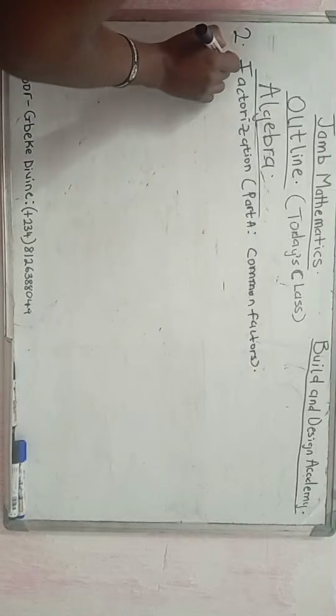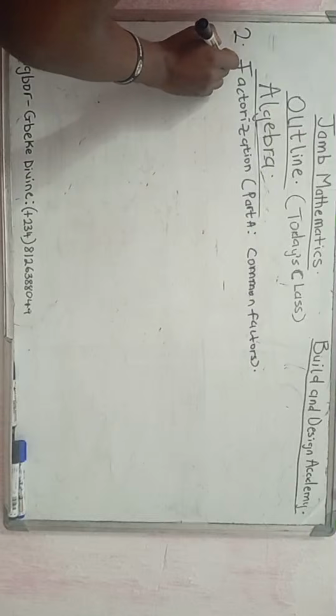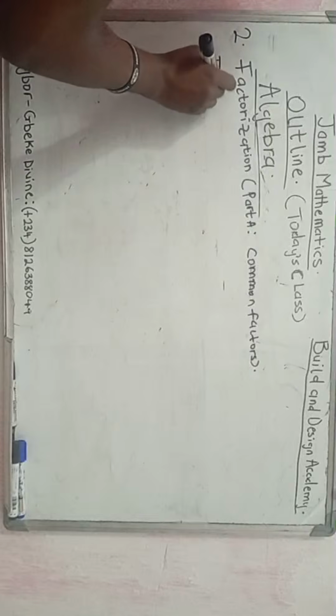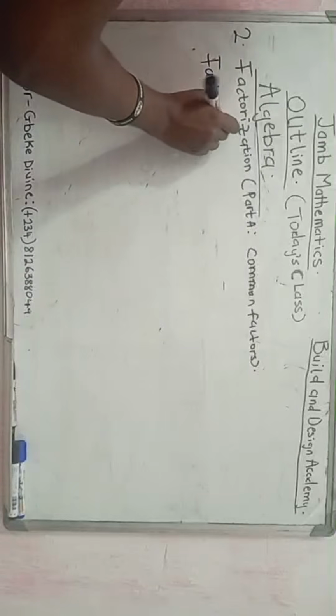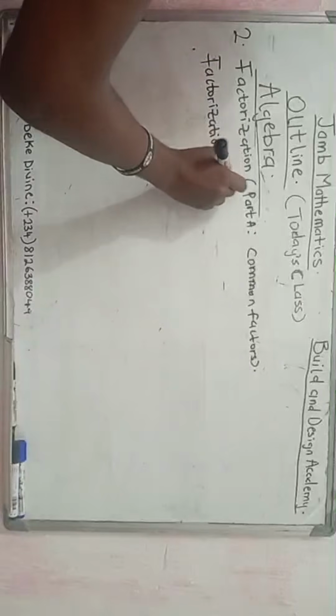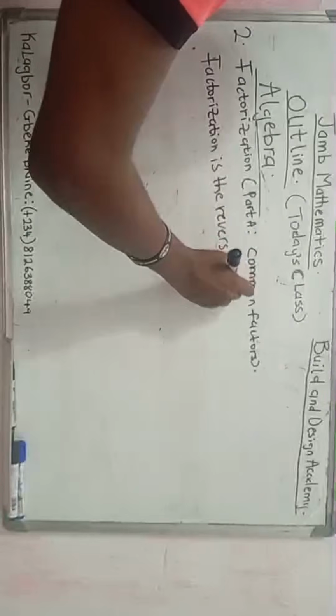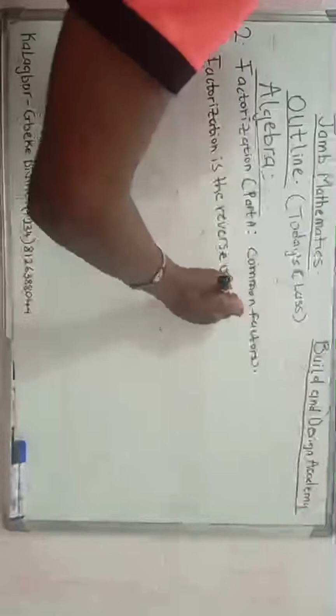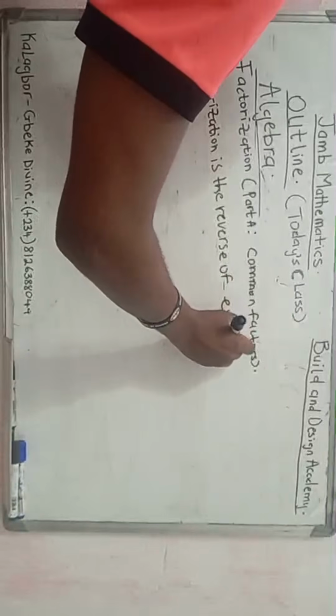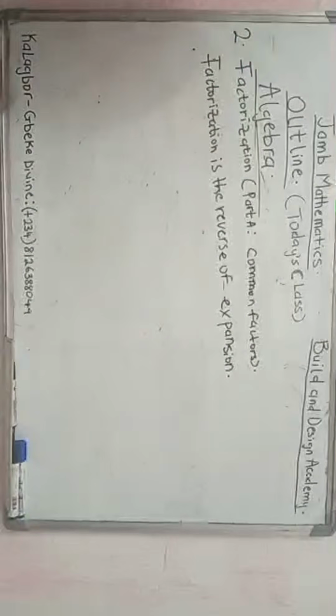Wait, let me write it down now. Factorization is the reverse of expansion. Please take note of this. It is the process of breaking an expression down into a product of its factors.